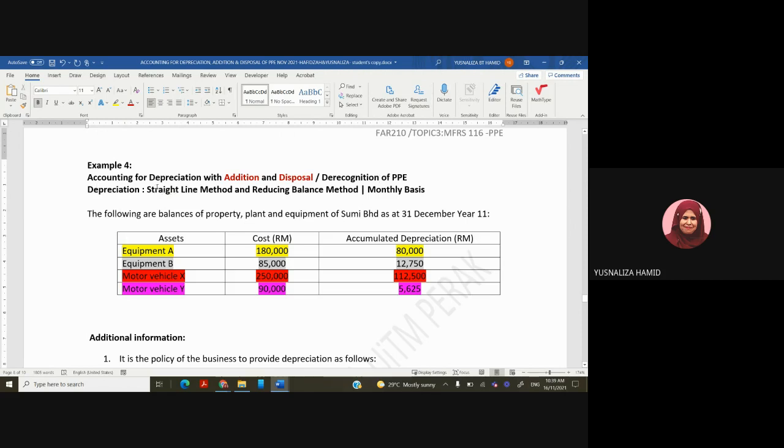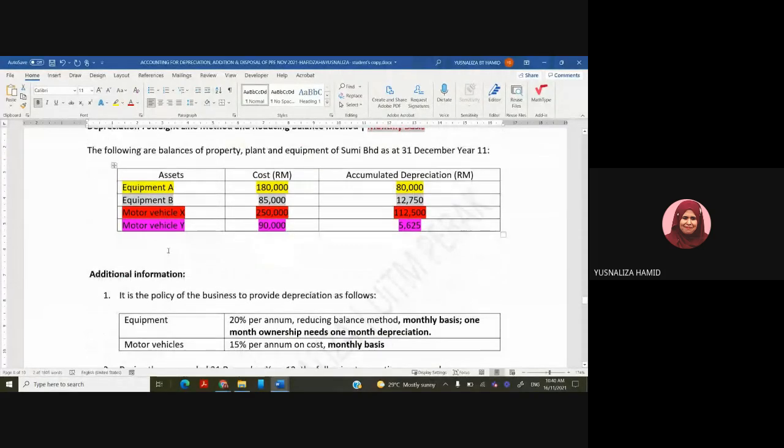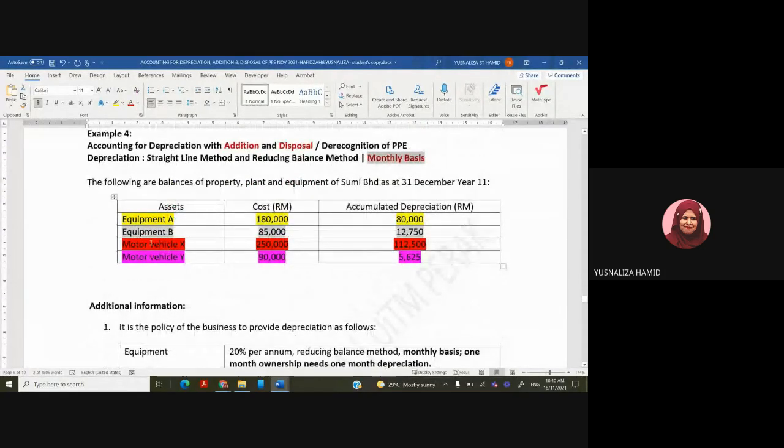So for this question, we are still focusing on the monthly basis, right? Only that the asset is getting more and more here.